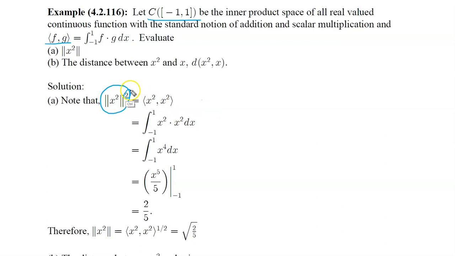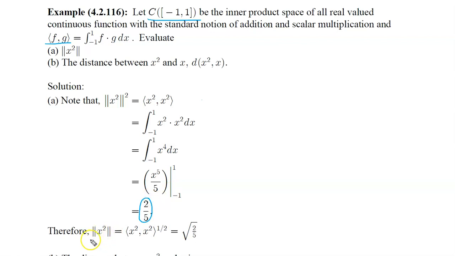So let's evaluate the norm squared of x squared. That's just the inner product of x squared with itself. By definition, that's the integral from -1 to 1 of x squared times x squared, which of course is the definite integral from -1 to 1 of x to the 4th. You can easily evaluate that. The antiderivative of x to the 4th is x to the 5th over 5. Evaluate that from -1 to 1, and you'll get 2/5.